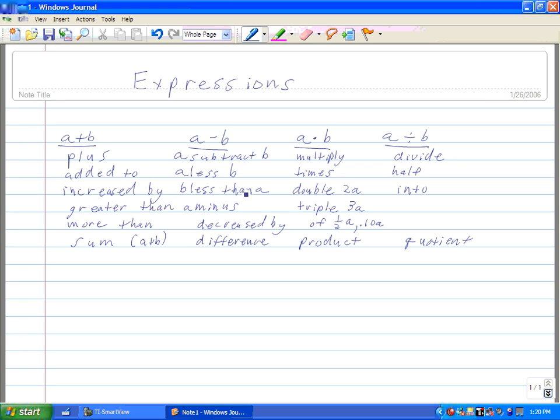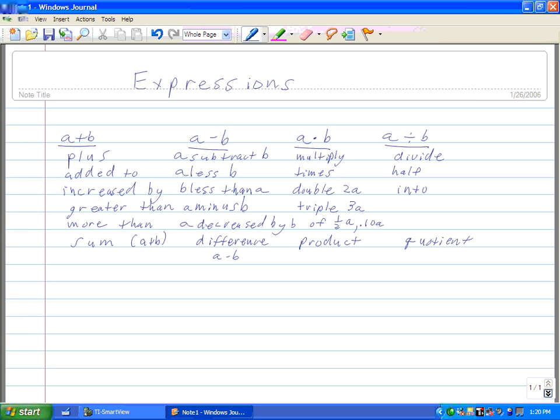It's A minus B, and here we would say A decreased by B. And with the word difference, again, write it in the correct order as you originally saw it.